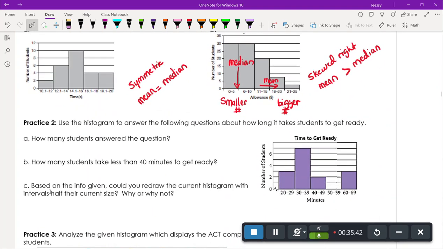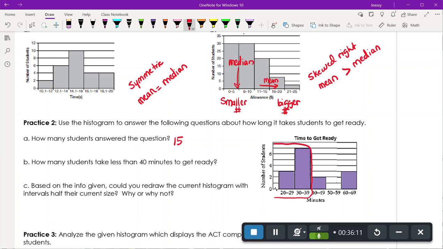All right, practice 2. How long does it take the students to get ready? How many students answered the question? Is that the total? Yeah. All right, so it's 15 students. How many students take less than 40 minutes to get ready? Less than 40 means any number less than 40, it does not include 40.